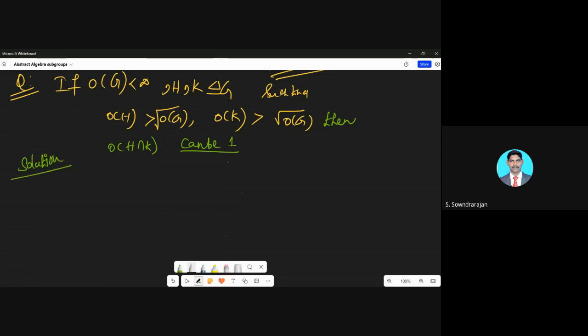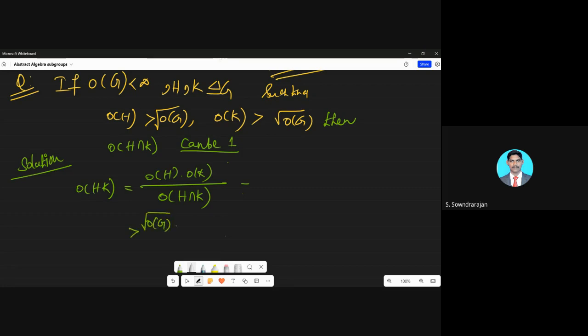Solution. We know that if H and K are subgroups of G, then order of HK equals order of H into order of K divided by order of H intersection K. Here, order of H is greater than root of order of G, so we can substitute this.